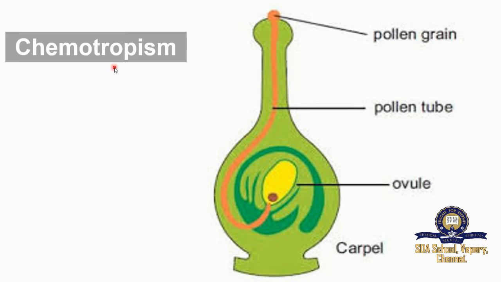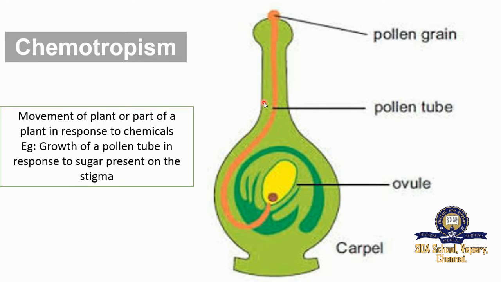Thus, it is known as chemotropism, a chemical change happening in it. A chemical movement happens in this process. So the movement of a plant or part of a plant in response to chemicals, for example the growth of a pollen tube in response to sugar present on the stigma. This type is known as chemotropism.